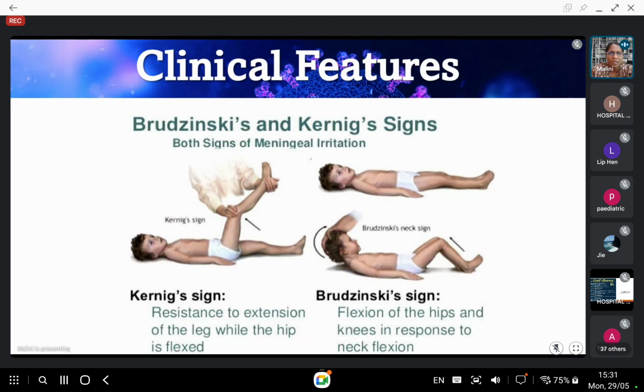In Brudzinski's, you flex the neck, and then the hip and knees will flex in response to it.